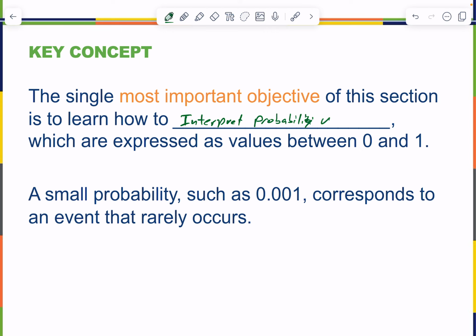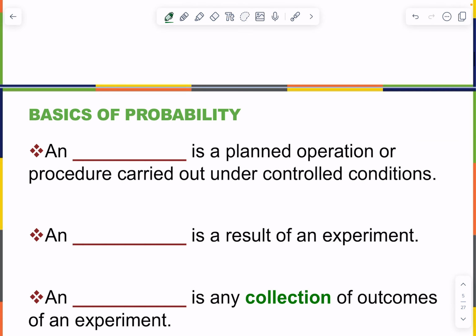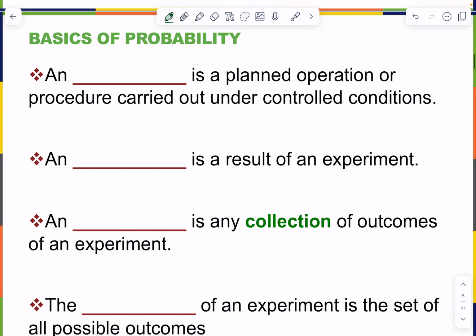Probability values, which are expressed as values between 0 and 1. A small probability such as 0.001 corresponds to an event that rarely occurs. Okay, and so that's the hope that we'll understand what that is. But let's talk about what a probability is.